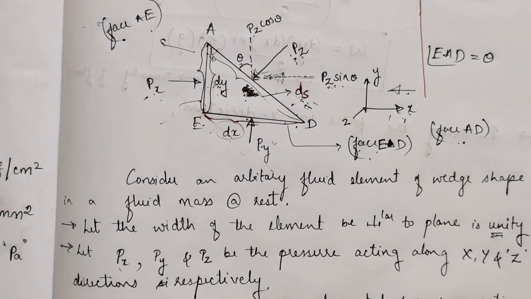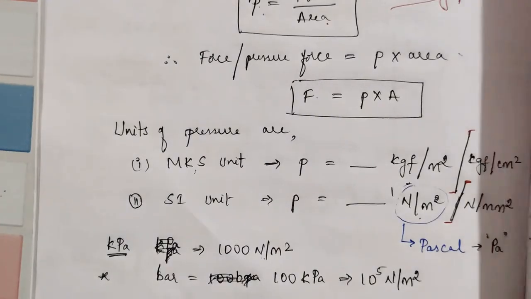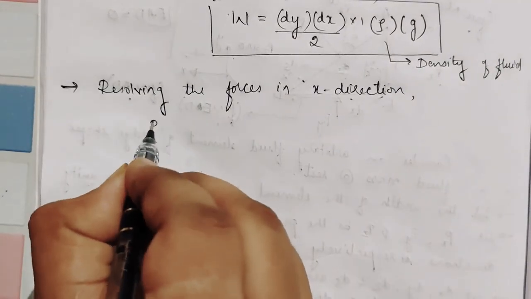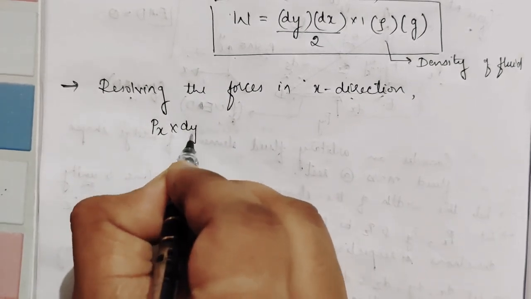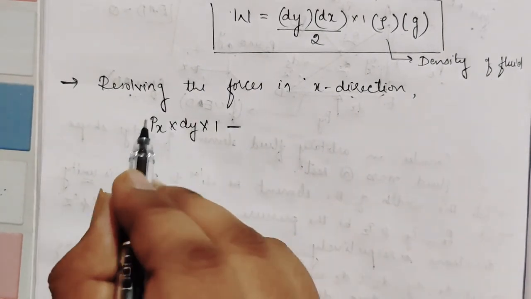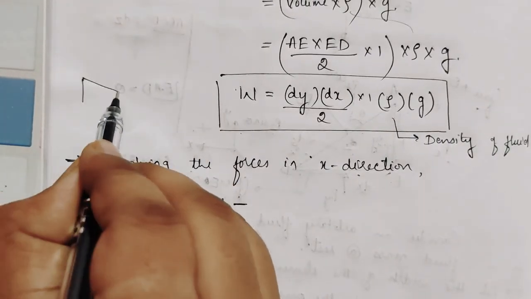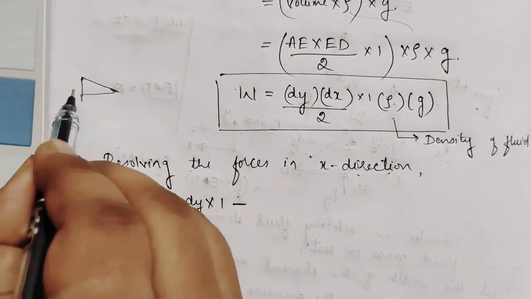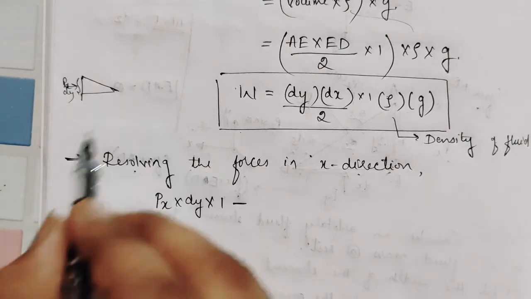Either we can say resolving the forces in x direction, or we can say we are equating the forces in x direction. So resolving the forces in x direction, what will happen: your px into dy into 1, so minus, it is on the face AB, so I'll write small, px into dy in x direction.